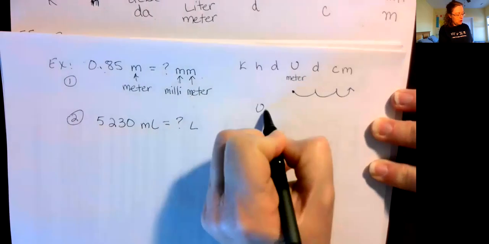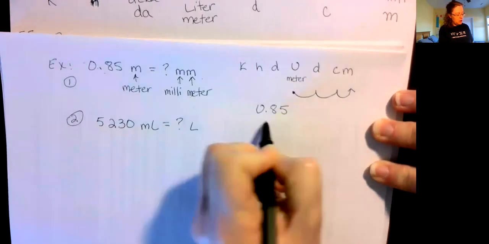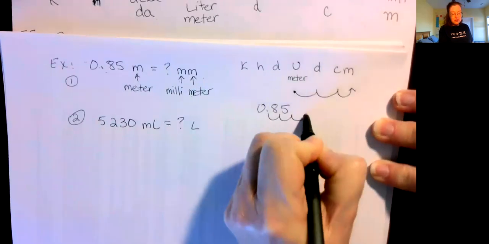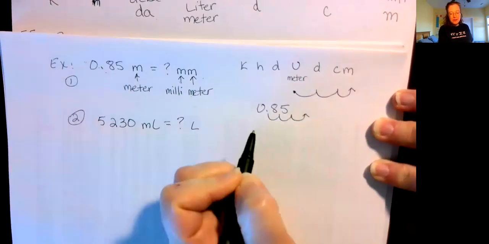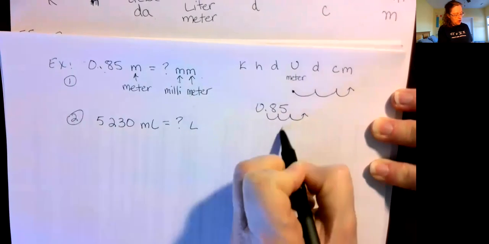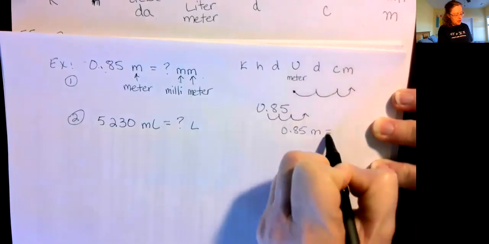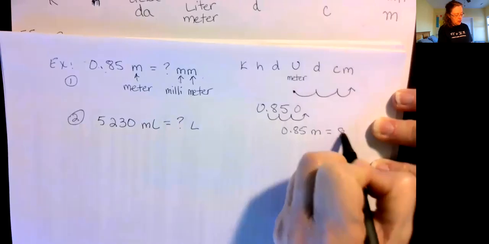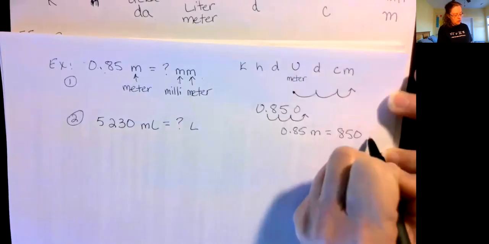My number 0.85 needs to also then go 1, 2, 3 places to the right. 0.85 meters is the same as, go ahead and put a 0 up there, 850 millimeters.